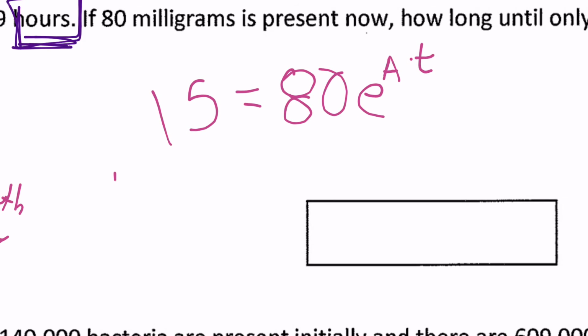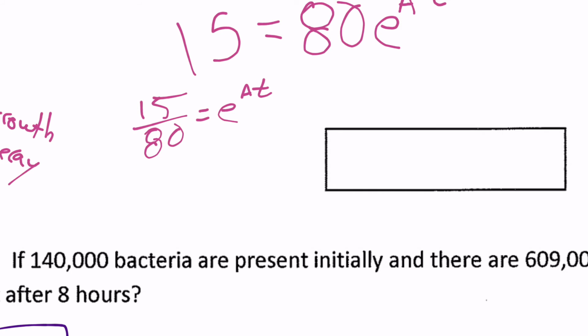So we need to take 15 and divide it by 80, because that will give us just the exponential part. And now if we natural log both sides, the natural log of 15 over 80 has to equal A times t. That is rewriting it in logarithmic form.